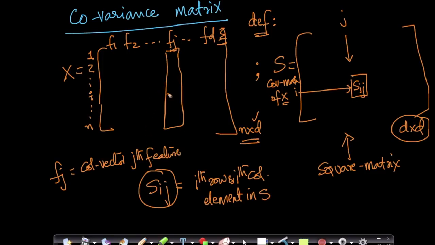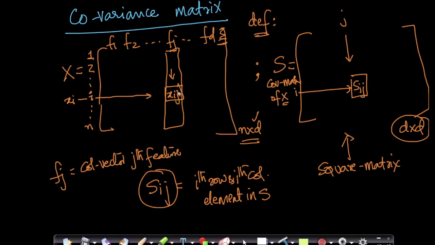Take any element, for example, one that corresponds to the ith data point and jth feature. I'll write this element as Xij, just like Sij.